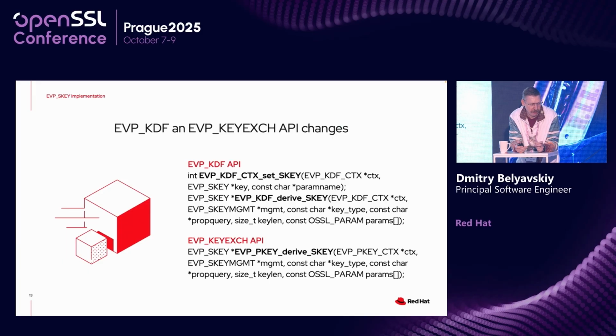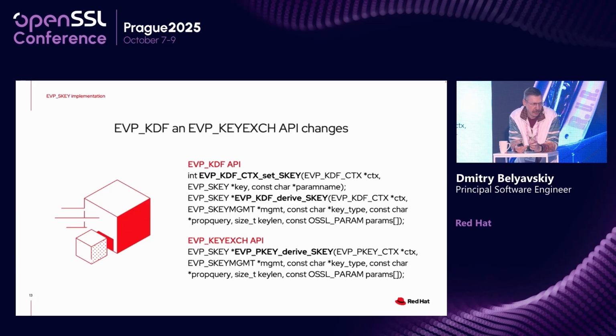First, the function UPKDF CTX set as key, because some KDFs have parameters that are sensitive, and it's worth having the opportunity to provide these sensitive parameters in a non-extractable way if we have a way to derive them in this manner. And of course, the UPKDF derive key gives us the UPSK object, which then can be used together with Cipher, UP Cipher, UP Mac, and so on and so forth.